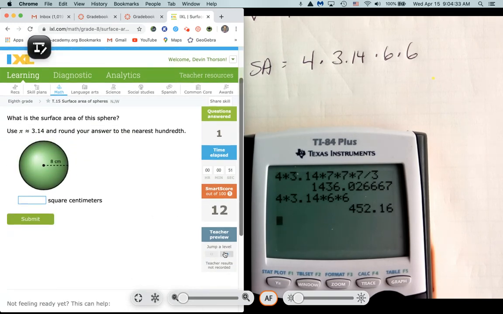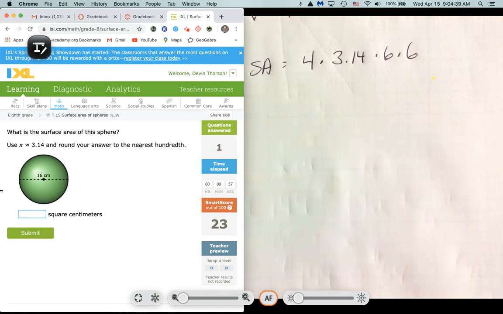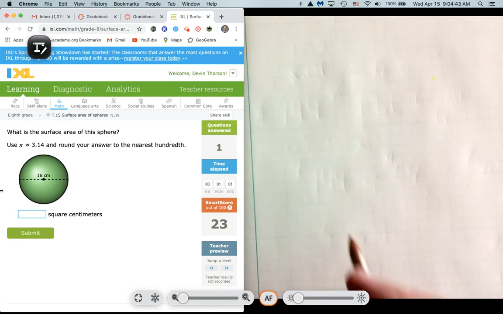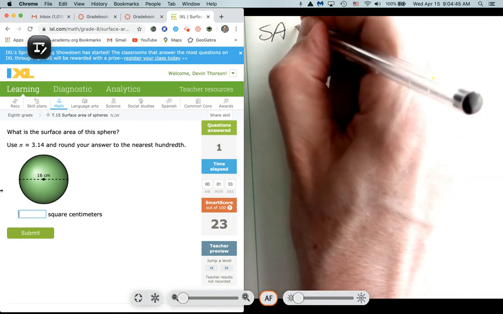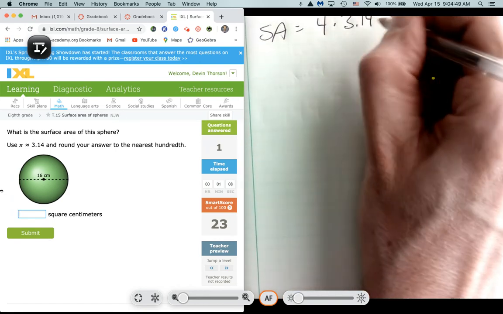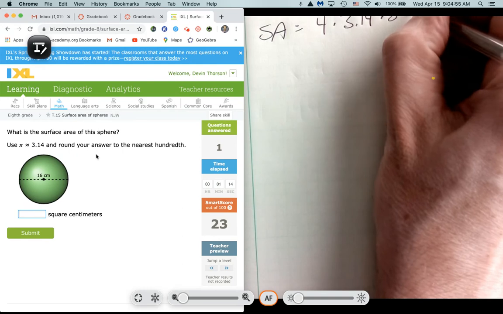Now remember, you might be given one where it gives you the diameter, not the radius. So be very careful that you convert the diameter to the radius by cutting it in half. Surface area, again, is 4 times 3.14 times the radius twice. The radius for this one is 8. So I'm going to times by 8 times by 8.